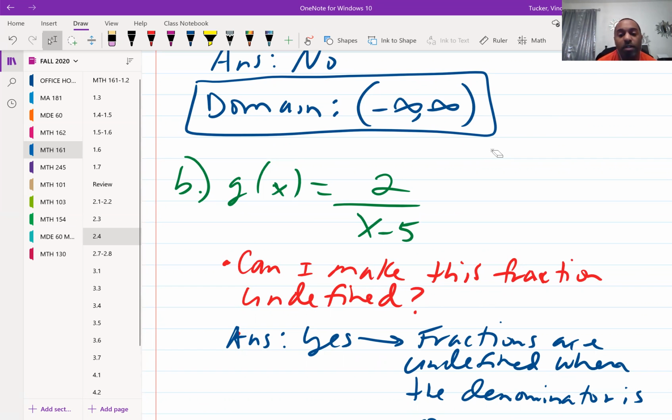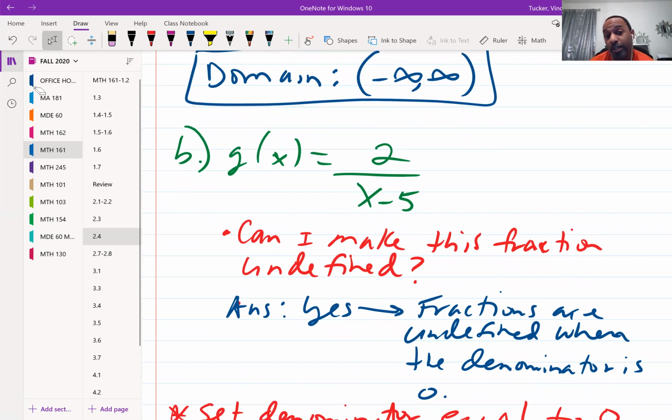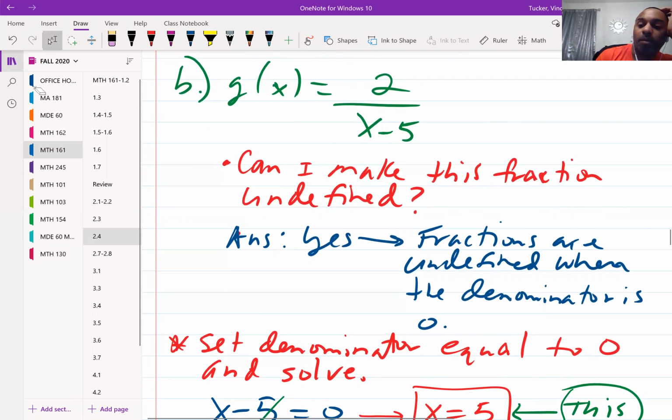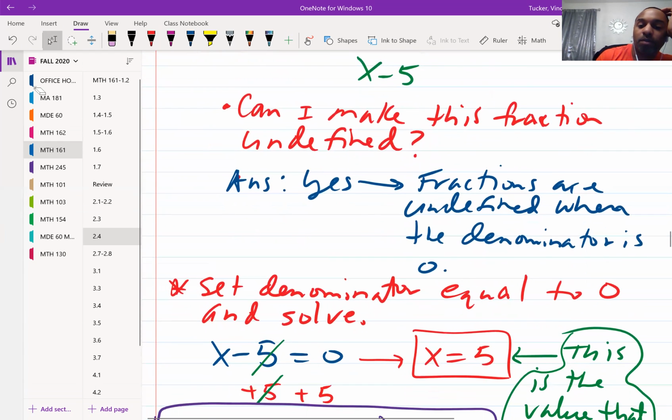Can I make this fraction undefined? Yes. Fractions are undefined when the denominator is 0. That's the pre-existing condition for this equation. So we want to know, when is our denominator equal to 0? If you want to know that, you set the denominator equal to 0 and then solve.